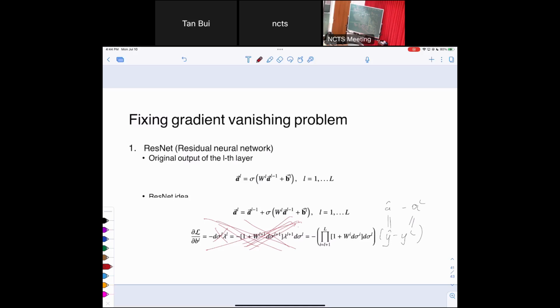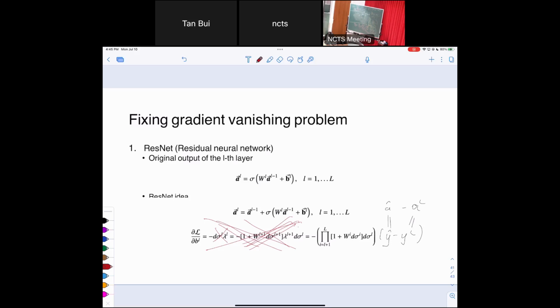And therefore 1 plus 0.25, or this one can be 0 as well, that's fine, because there's still 1 here. So this term in the square bracket is approximately 1. So all the gradient is now well defined. No longer a vanishing problem.